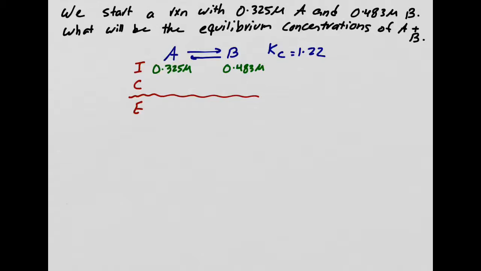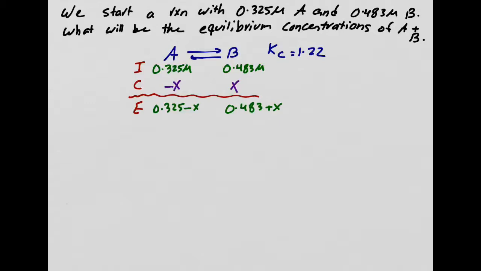Now, what's going to be my change? My change is going to be minus x, and my change is going to be x. So at equilibrium, it will be 0.325 minus x and 0.483 plus x.